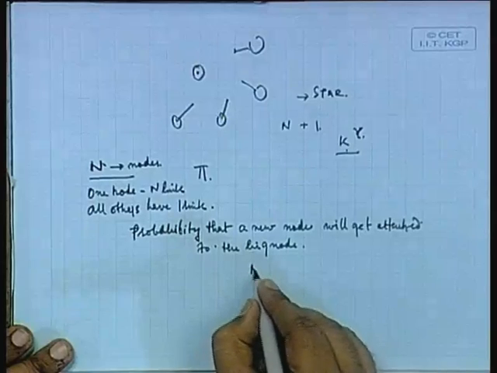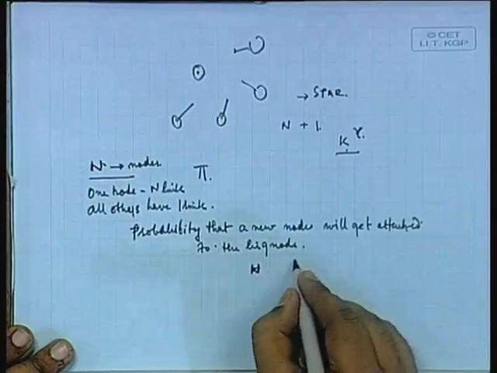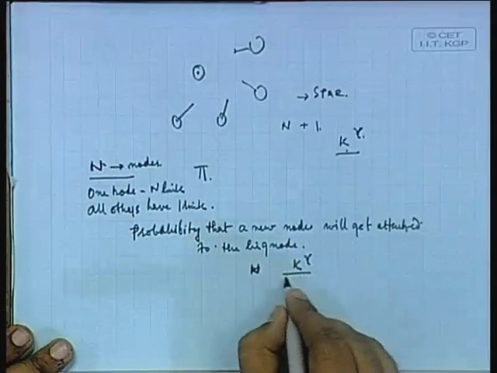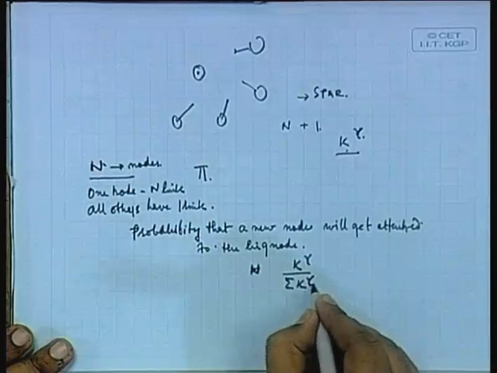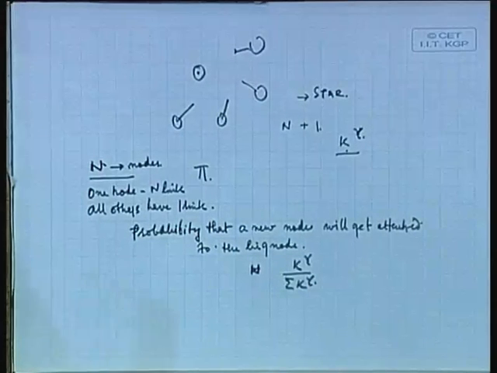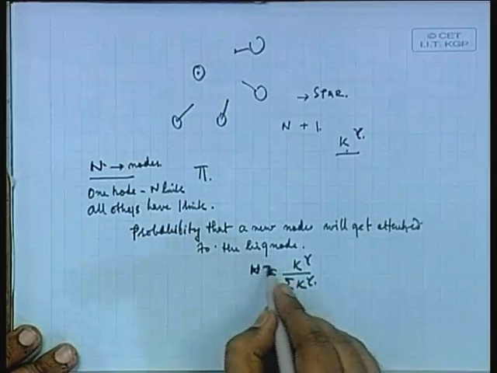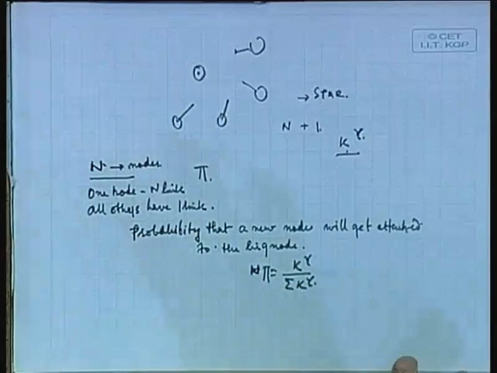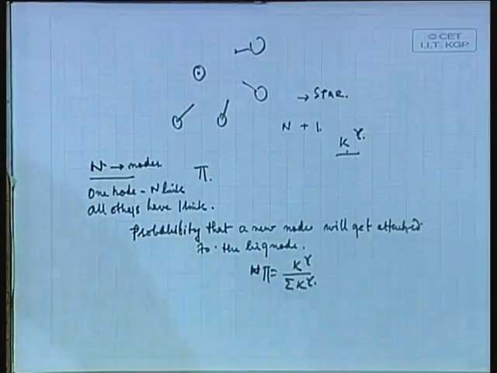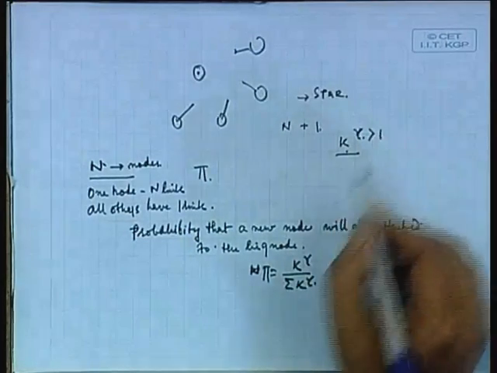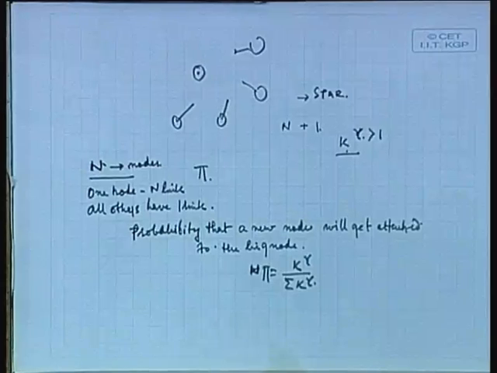So it is k over the summation of k. This is clear. This is the general attachment probability, that I have k to the power gamma, where gamma is greater than 1, divided by the summation, the normalizing constant.